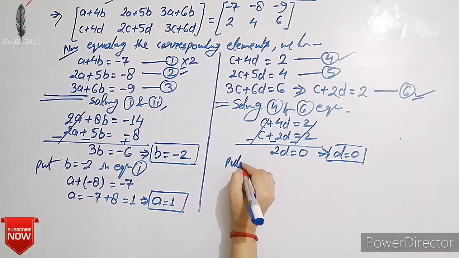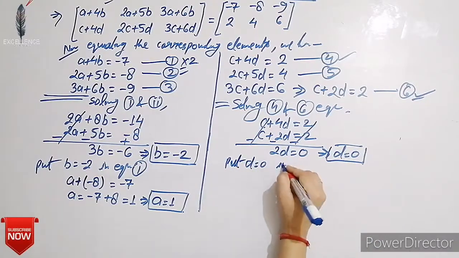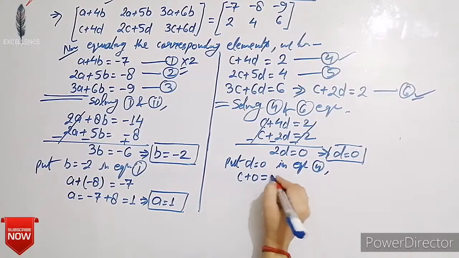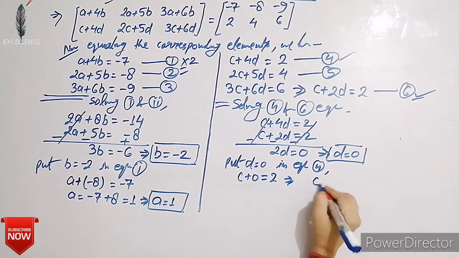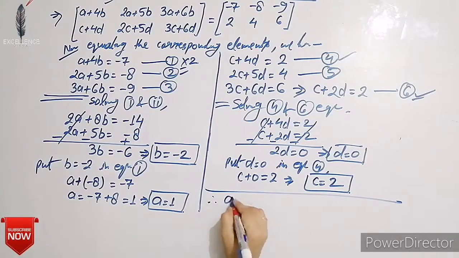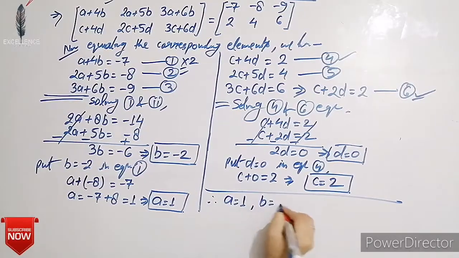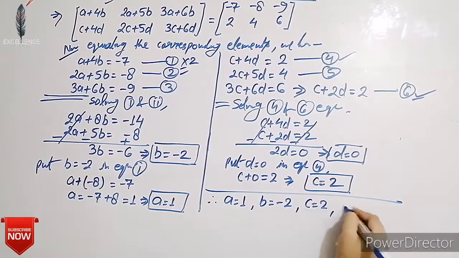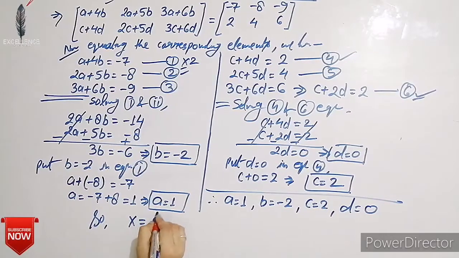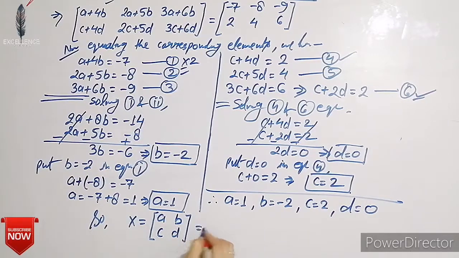Put this value of D in equation 4, then we get C plus 0 equals 2, that gives C equals 2. So we have A equals 1, B equals minus 2, C equals 2 and D equals 0. So the required matrix X is equal to A, B, C, D. Put the values, and we get the required matrix 1, minus 2, 2, 0.